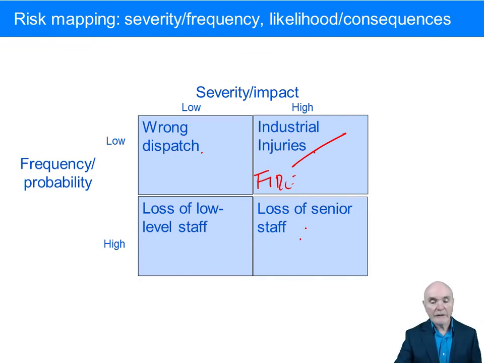Out here, where it's high and high, the frequency is high, the severity and impact is high. We really want to try to avoid this happening if we can. One of the things we might do is to try to get our senior staff on long-term contracts, so it's very difficult for them to leave at very short notice.